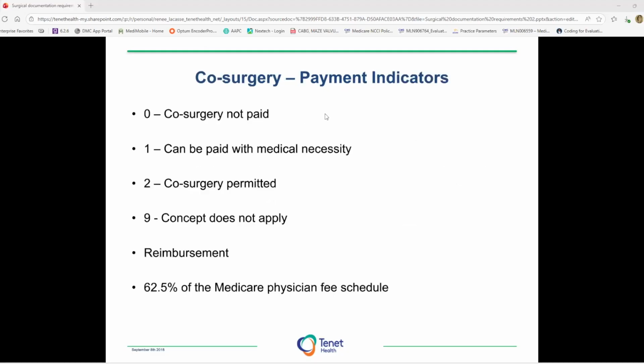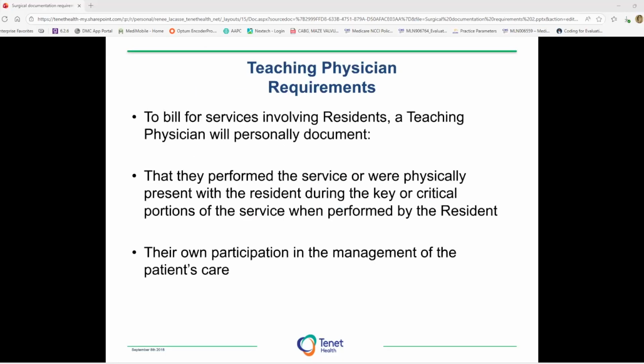And again, here are your co-surgery payment indicators. Your 0 is co-surgery isn't paid, can be paid with medical necessity, and then co-surgeons are permitted for 2. And then again, your 9, we don't normally see this, but reimbursement is 62% of the Medicare fee schedule.